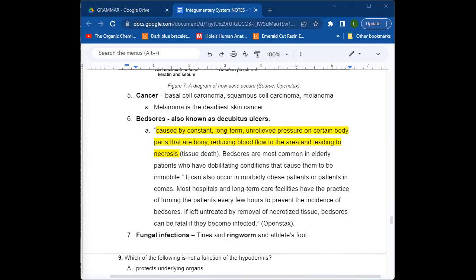Basically, as the bone presses on the blood vessels for long enough, it cuts off the blood supply, and then the tissues in that area start to die. And as they die, they're going to get worn away.